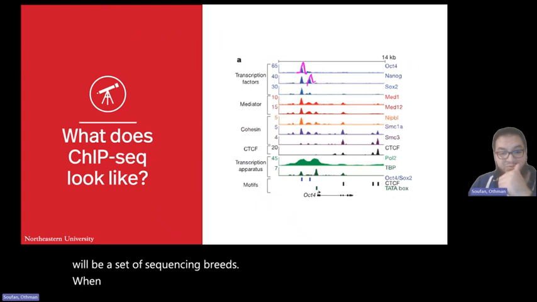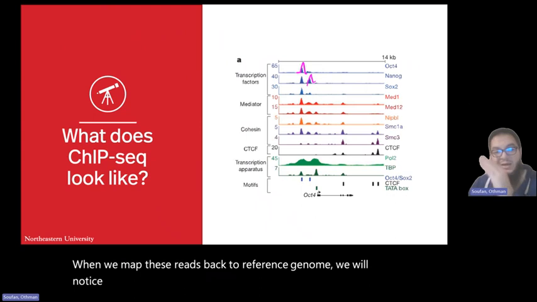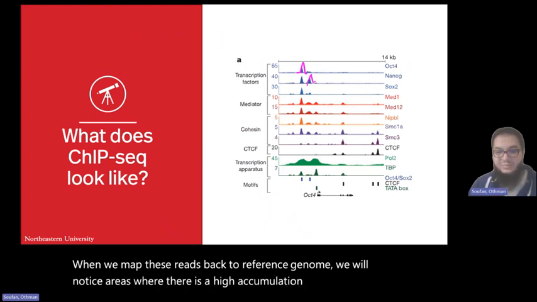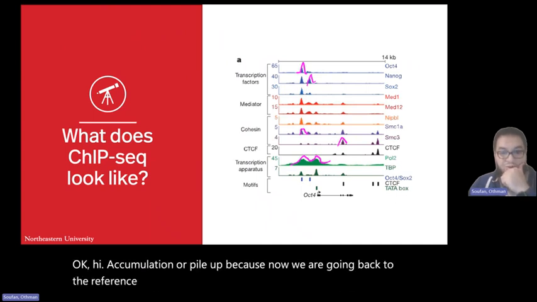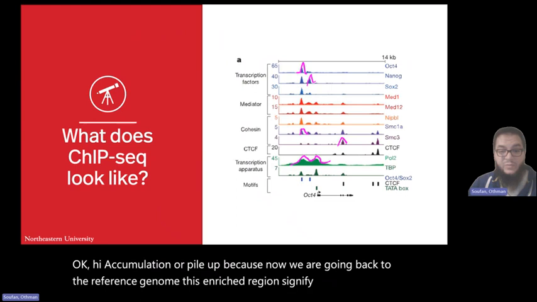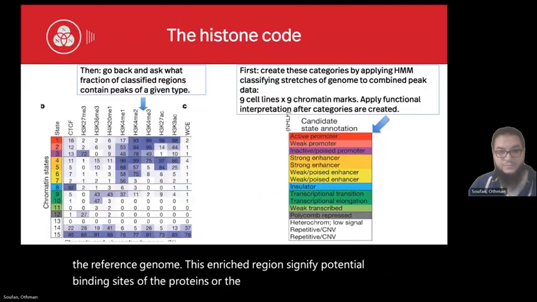When we map these reads back to the reference genome, we will notice areas where there's a high accumulation or pile up, okay? This enriched region signifies potential binding sites of the proteins on the DNA.